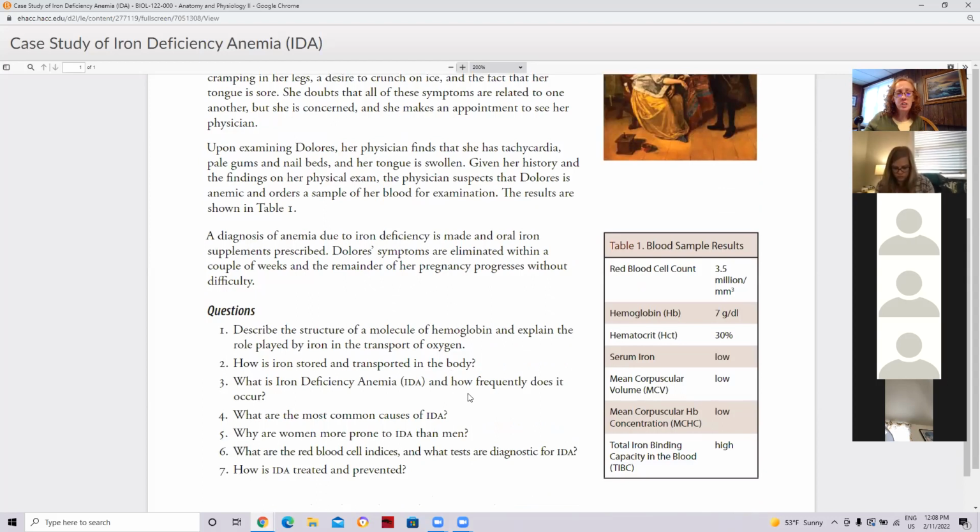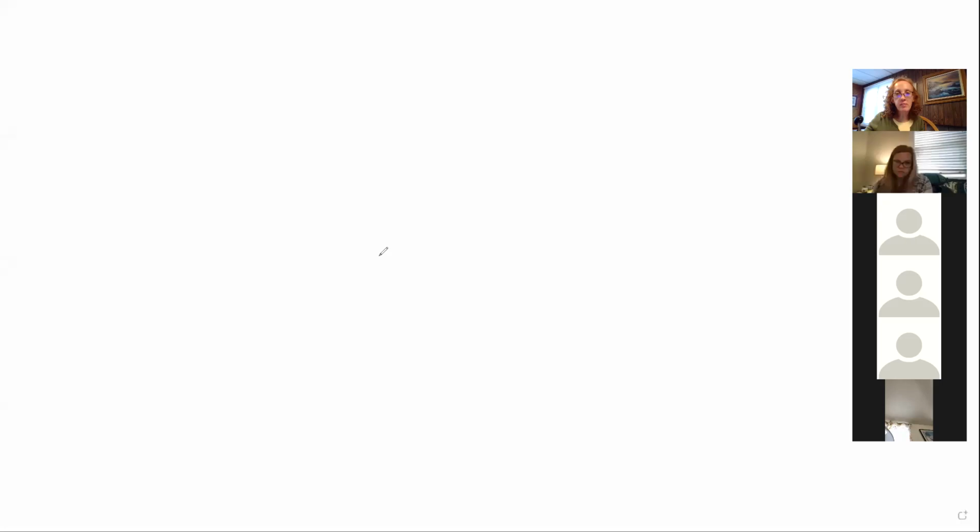I want to explain something, and we'll understand this more in a couple of days, but I'm going to stop this just for a minute and explain why she has a higher heart rate. First off, what's anemia?